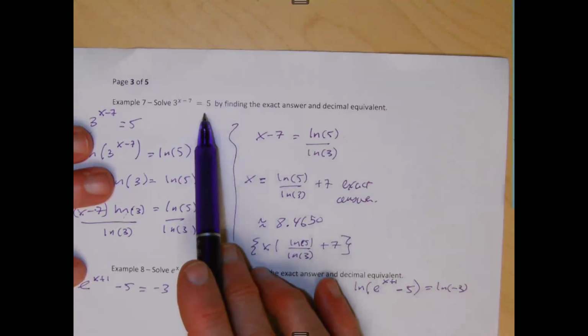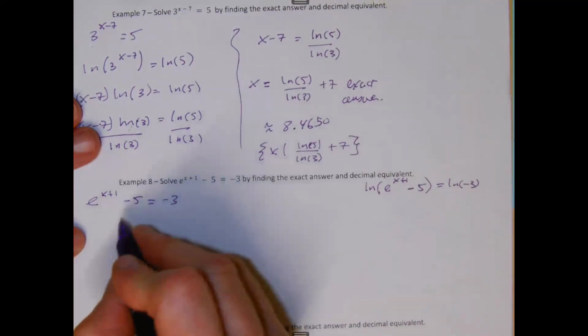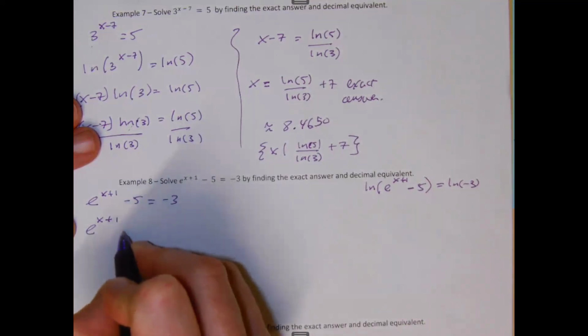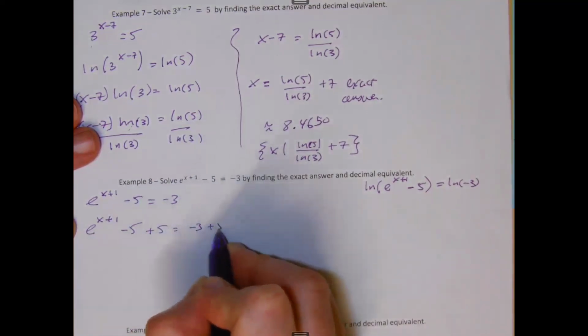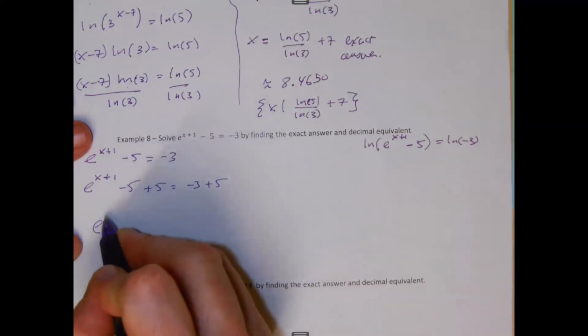So what's the difference between these two? It's that I'm subtracting the 5. So I need to get rid of this 5. And since this is a term, the only way I can get rid of it is to add 5 to both sides. So I'm going to do that.